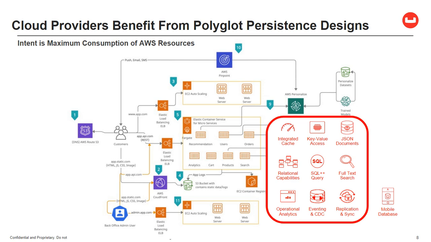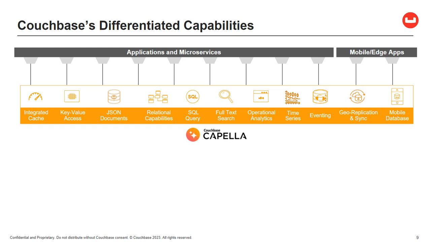You can do geographic search. You can do full text search. You could do analytics on live data. You can do change data capture and eventing on the same data, and then synchronize it out to your mobile systems. That's the fundamental converged idea, or the multi-model access idea that Couchbase brings you.